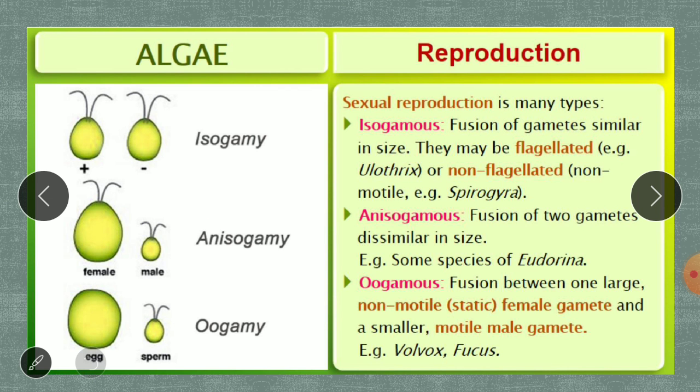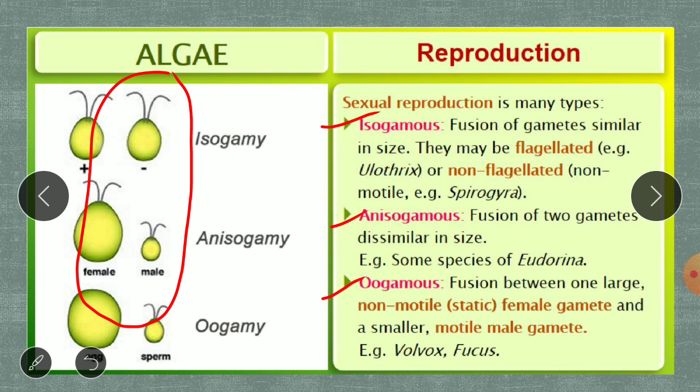Let us see some important types of sexual reproduction. Sexual reproduction can be mainly of three types: isogamous, anisogamous, and oogamous. So as you can see here, they are male and female.